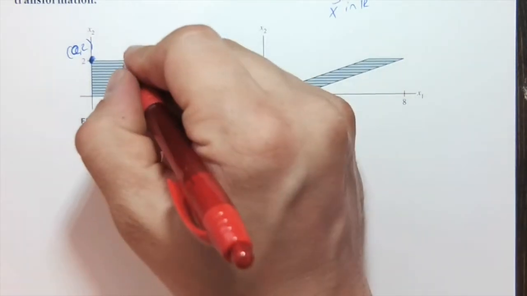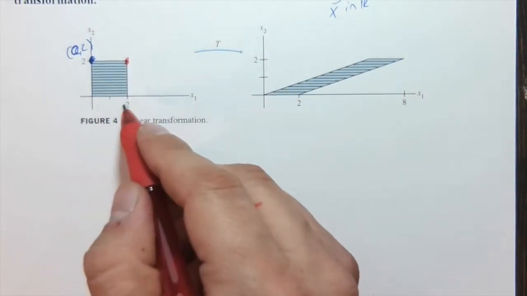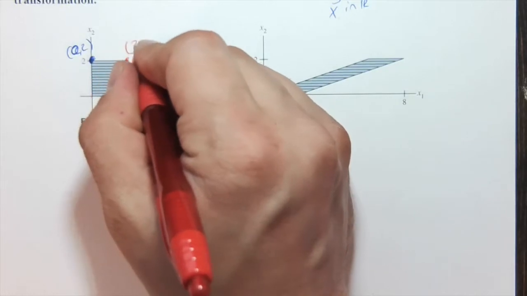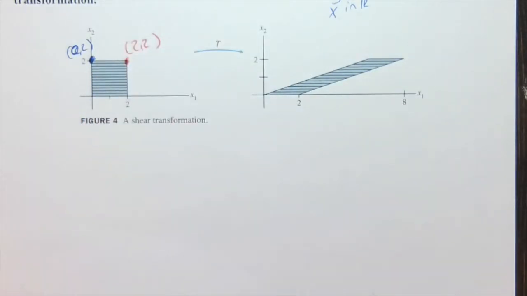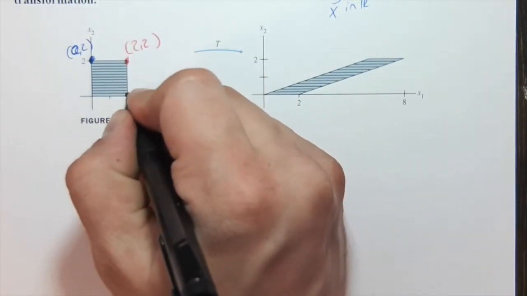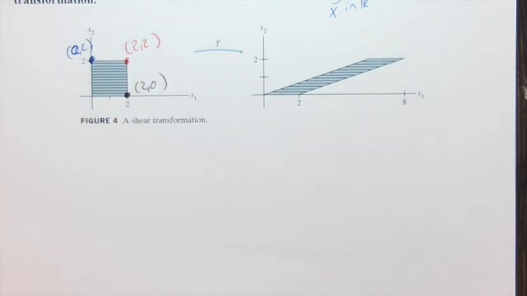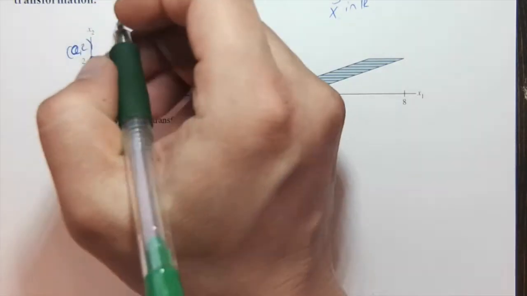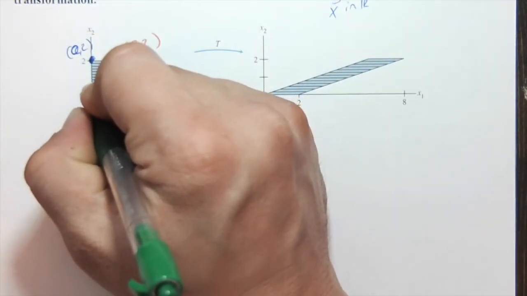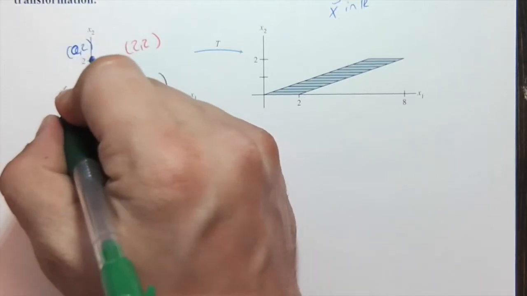Let's hone in on this point right here. That's the corner of the box at the point 2, 2. Let's hone in on the point right here. This one is 2, 0. And this point right here is the origin, 0, 0.